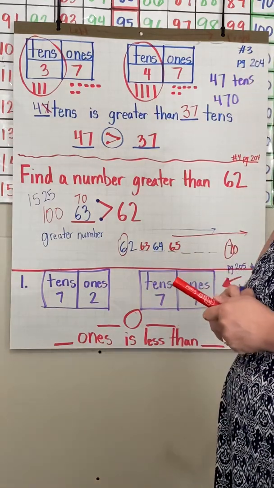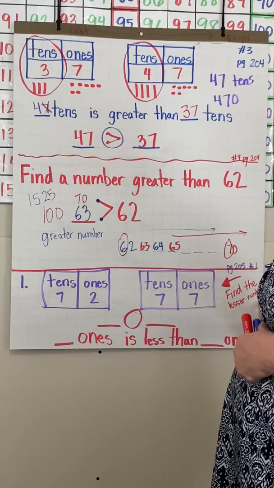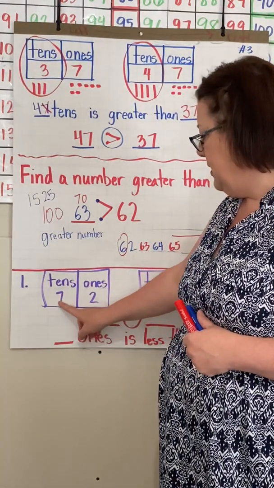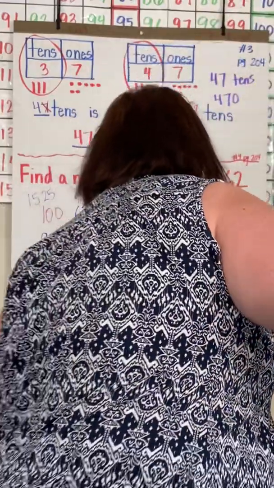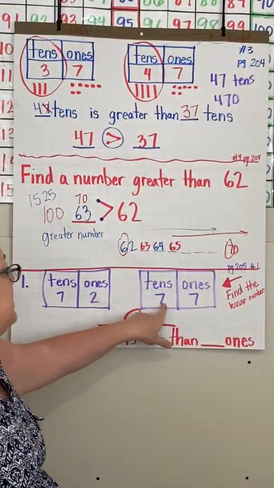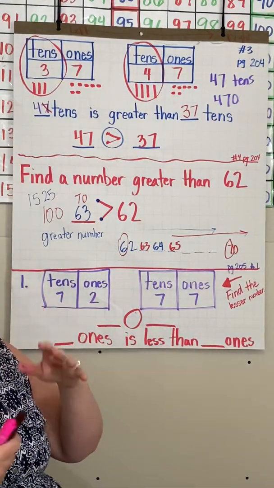Okay, so now we're going to go into Tuesday's lesson where it says find the lesser number, and this is on page 205, and the numbers are 72 and 77. So I'm going to take my chair and sit over here. I have to draw my tens and ones just to compare.